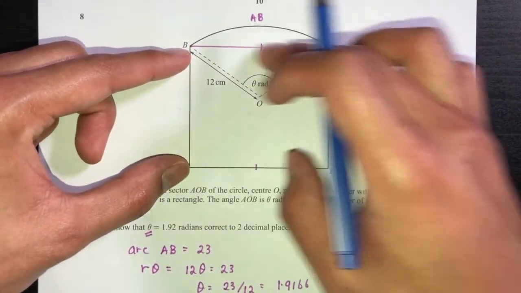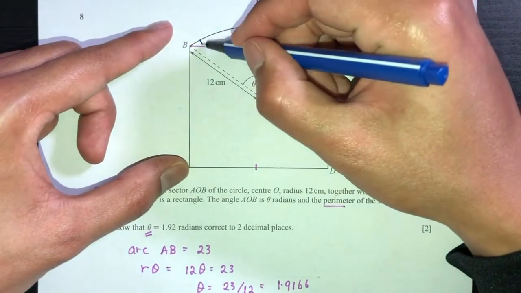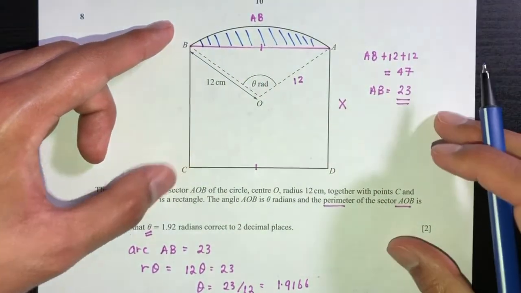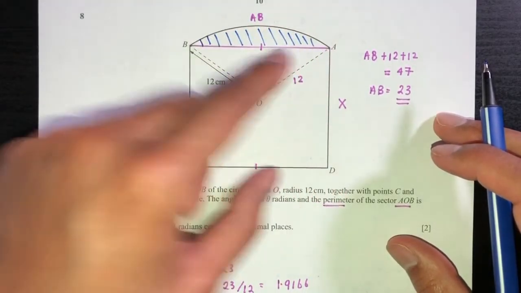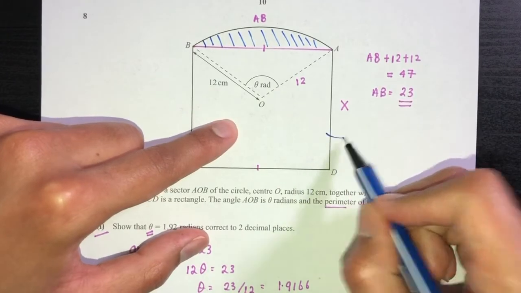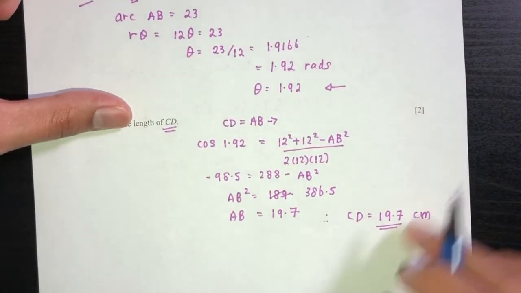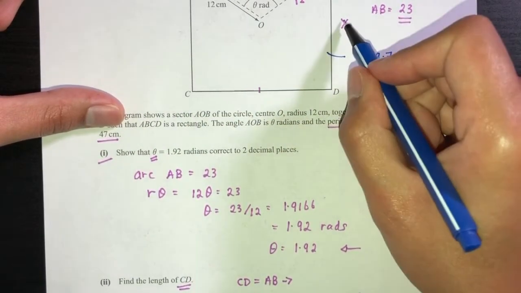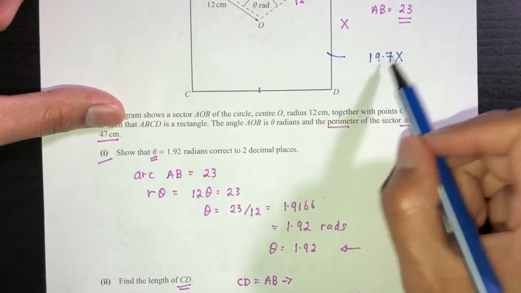One is this rectangle, and one is this area of segment. That's the area of the shape: area of segment plus area of rectangle. So how do you find area of rectangle? It is length times width. CD we know is 19.7, so length is 19.7 times width, which is X. That is area of rectangle.